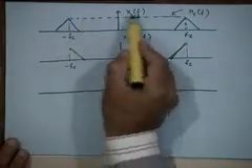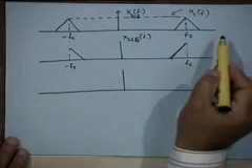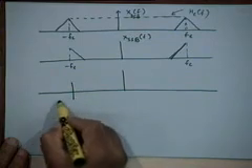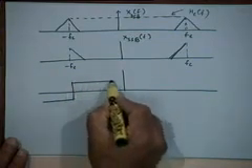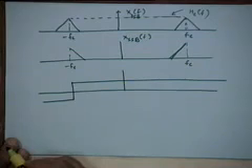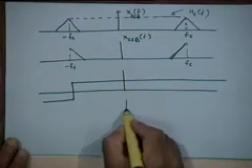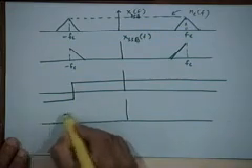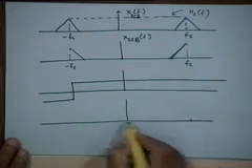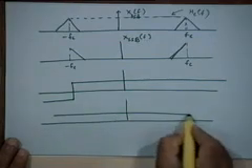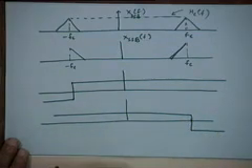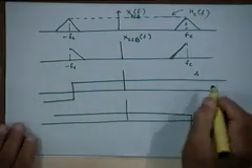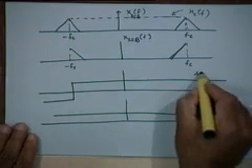I can represent this rectangular function which specifies the ideal low pass filter as the sum of a function like that, right, and a function like that. If you were to express this mathematically in terms of the signum function, how will you write this?